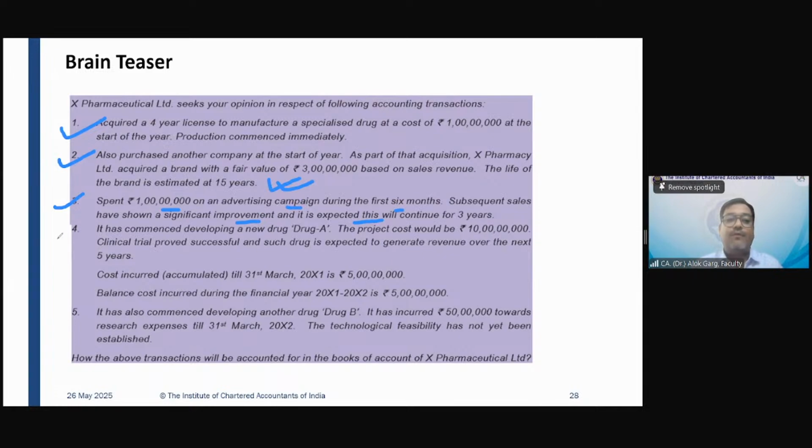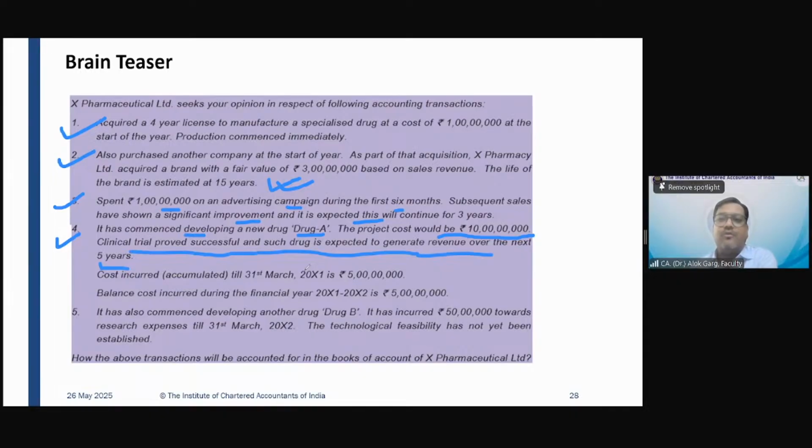Okay. 4. It has commenced developing a new drug, drug A. Drug means medicine, salt. The project cost would be 10 crore. Clinical trial proved successful and such drug is expected to generate revenue over the next 5 years. So this company has developed a drug.